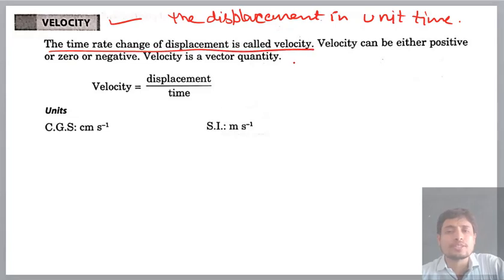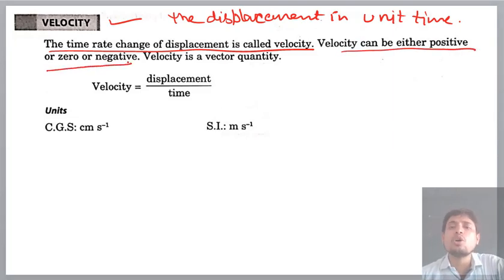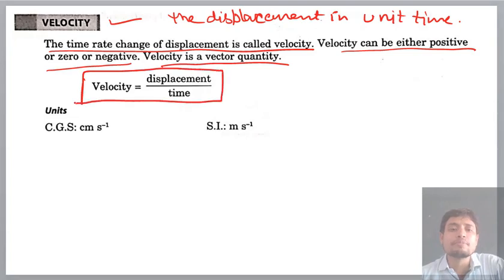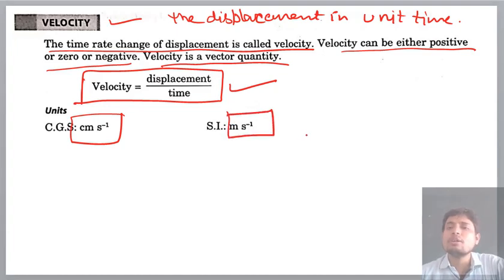Means change of the displacement with respect to time is called the velocity. Velocity can be either positive, 0 or also negative. And velocity is a vector quantity. Formula for the velocity is displacement upon time. CGS unit centimeter per second. SI unit meter per second. Okay.